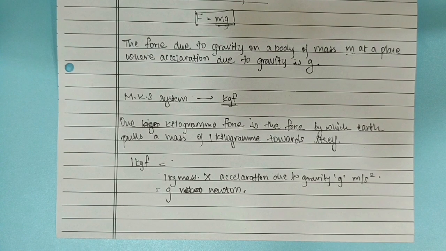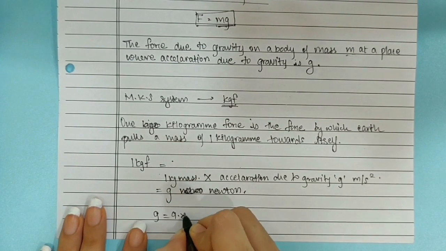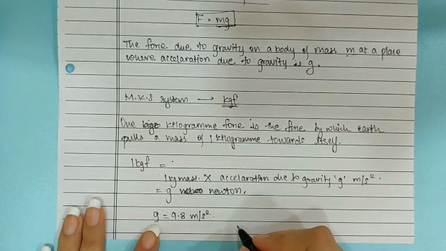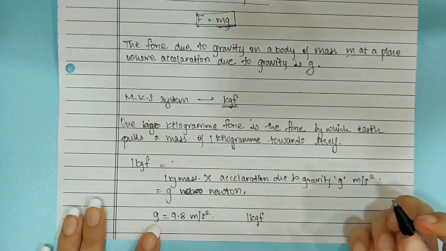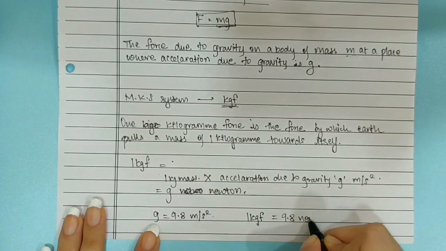Since the average value of g is always considered as 9.8 meters per second square, we have another conversion, that is 1 kgf is equal to 9.8 Newton.